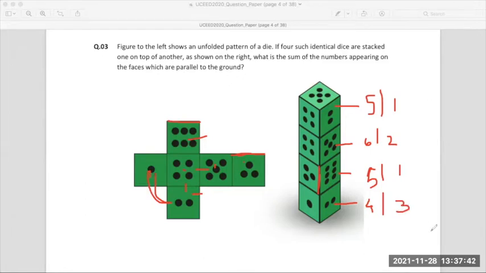The total is 27. When you total this up, which is what is asked, the sum of numbers that appear parallel to the ground, we get the answer to be 27. Clear? Yes, ma'am. Okay, fine. Thank you.